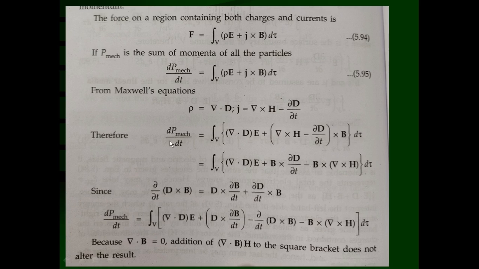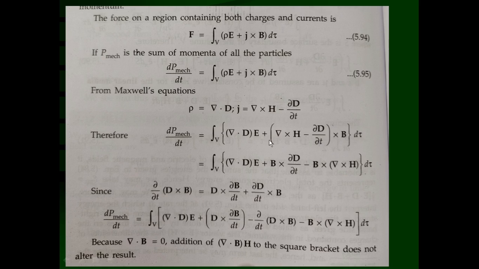Therefore, dP mechanical upon dt is equal to the volume integration of divergence of D into E plus J, equal to curl of H minus ∂D upon ∂t, cross B dτ. So equation 5.96 is going to be converted into this form.